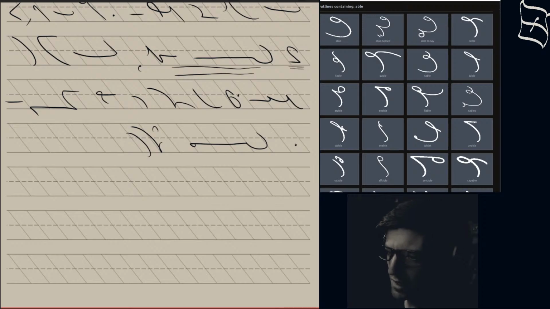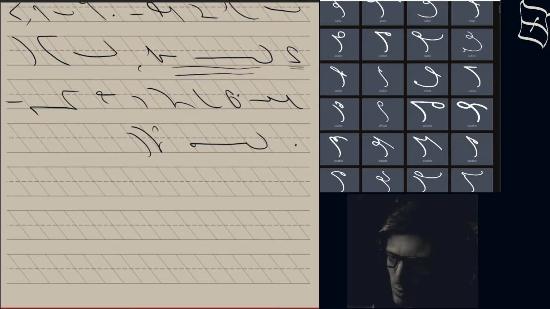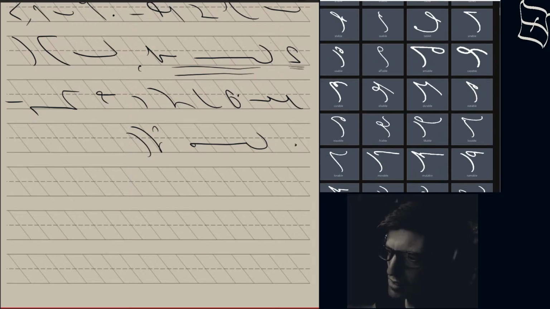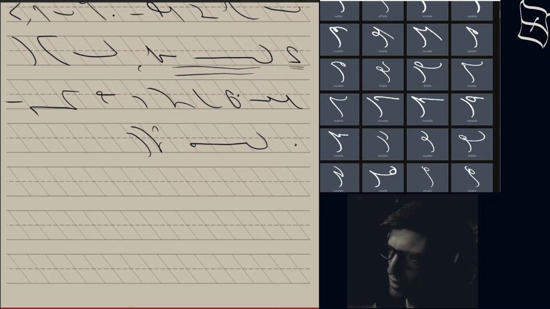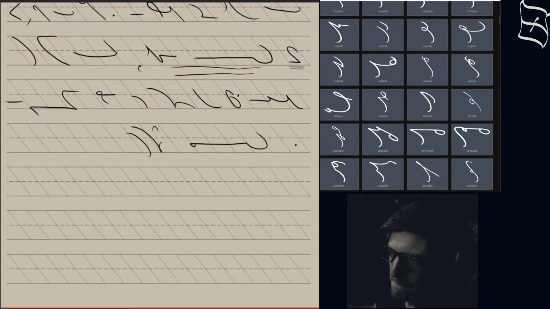So how are these added? Amiable, capable, usable, curable, disable, durable, estatable, eatable, likable, understandable, movable, understandable. Oh, tenable. There we go.